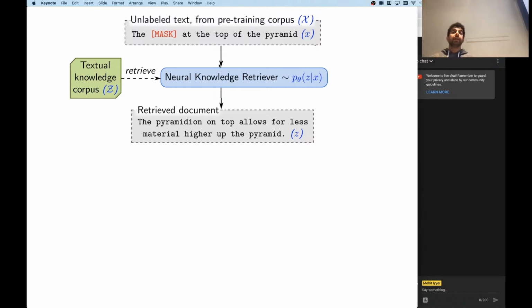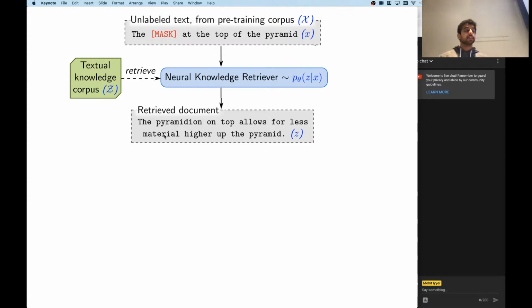So we have first a module called the Neural Knowledge Retriever, which, given these two inputs, will retrieve documents that are most similar or most useful for predicting this mask token, essentially. So these could be paragraphs that are talking about pyramids or things at the top of pyramids.